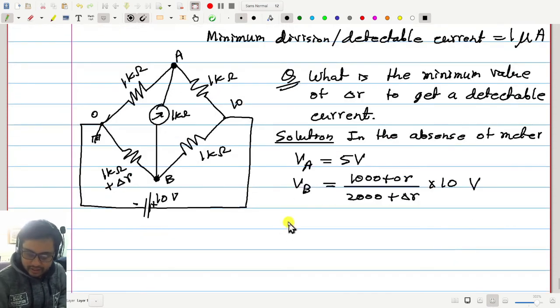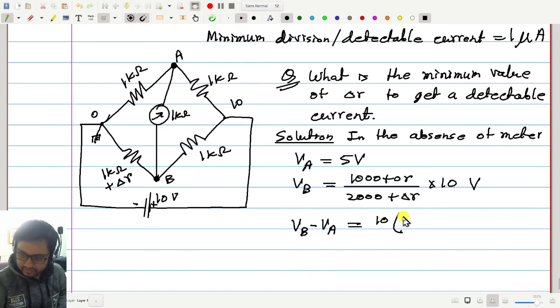That means VB minus VA, that quantity will be this minus this, 10 into... no, actually it would have been easier in the other case. I would have got rid of 1 delta R. Anyway, let me continue, no problem.